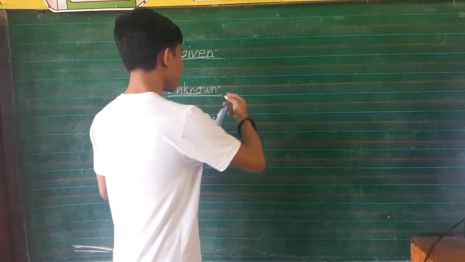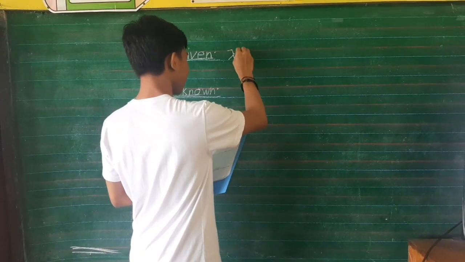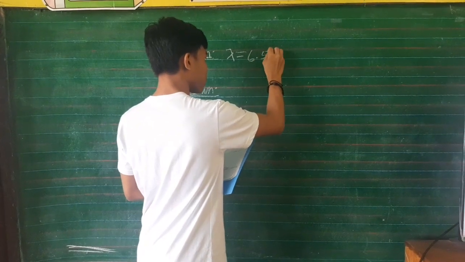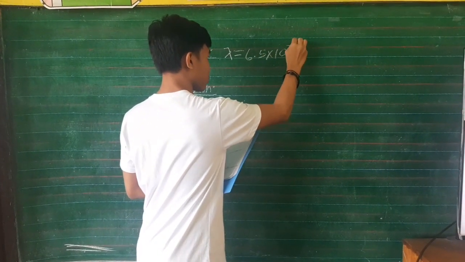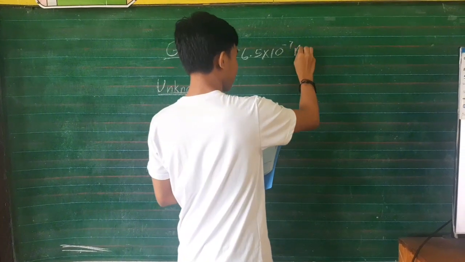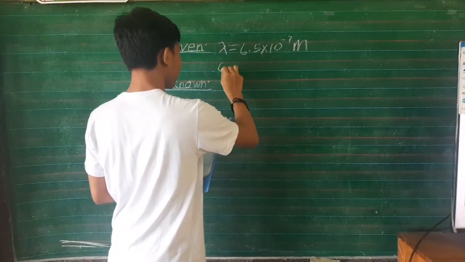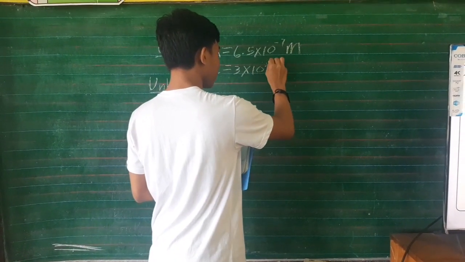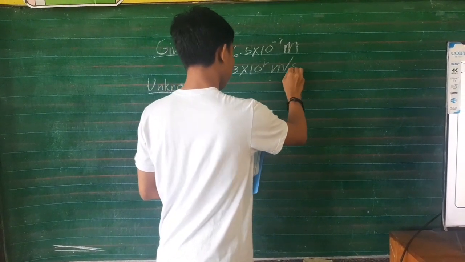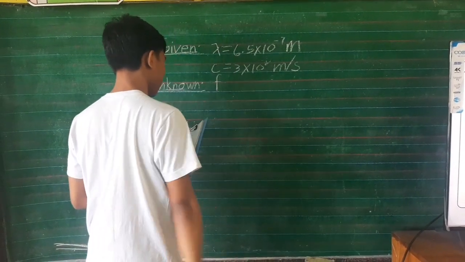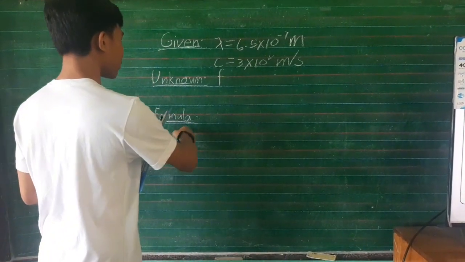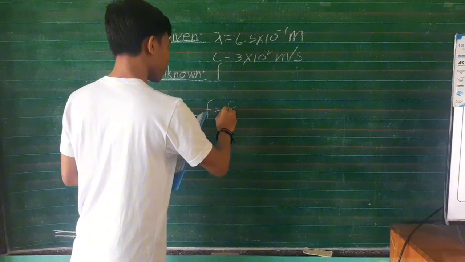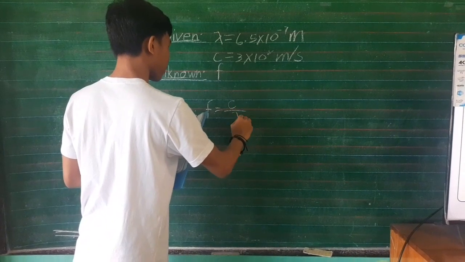The given is the wavelength, which is 6.5 times 10 raised to negative 7 meters, and the wave speed is equal to 3 times 10 raised to 8 meters per second. And the unknown is the frequency. So the formula that we will be using is frequency is equal to wave speed divided by wavelength.